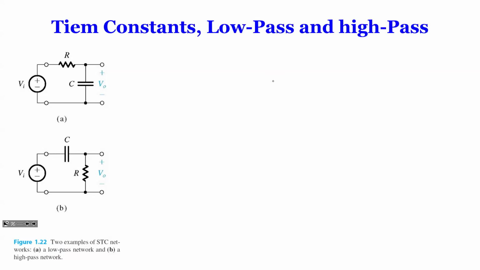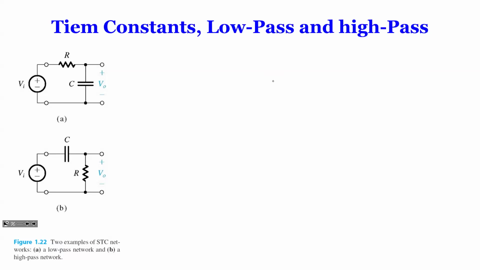If the frequency goes very high, and you know that impedance of C is what? 1 over omega C, right? Your omega is very high, 1 over omega C becomes 0. And all of a sudden, you have the maximum current, which is V over R. So the top is a low pass, for example.